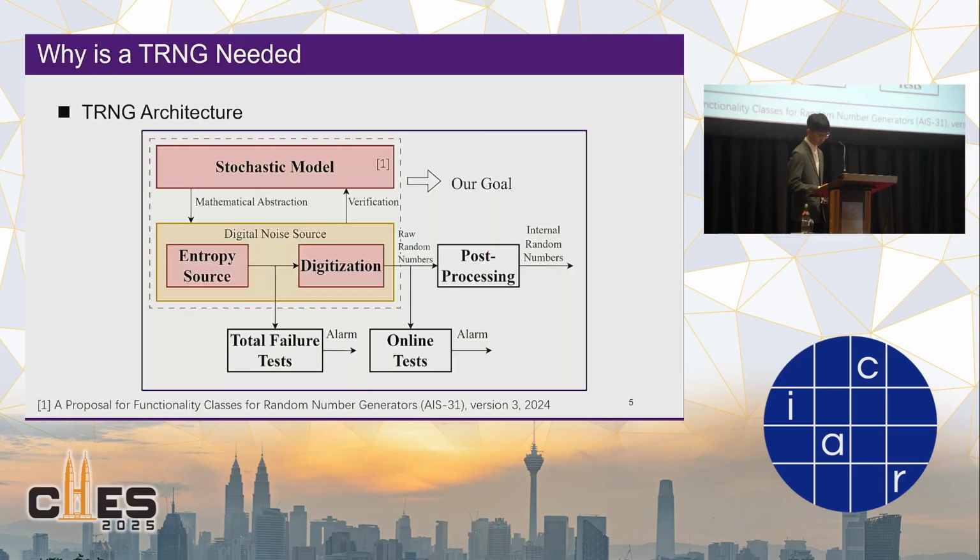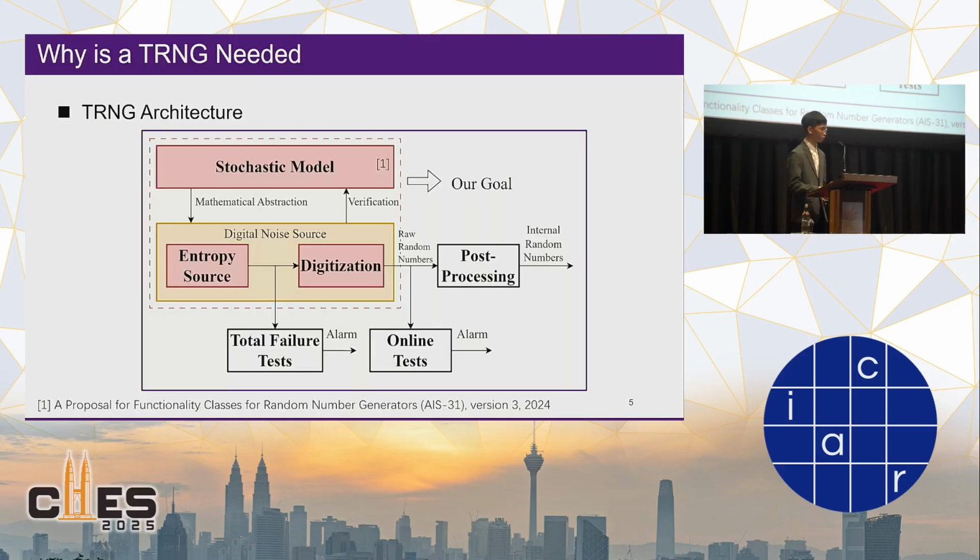And this slide shows the whole architecture of a TRNG. Our work mainly focuses on two critical components: the digital noise source and its stochastic model. As you can see, the digital noise source contains two critical components: the physical entropy source and the digitization model. And then we verify it by math through the stochastic model. So what's the stochastic model?